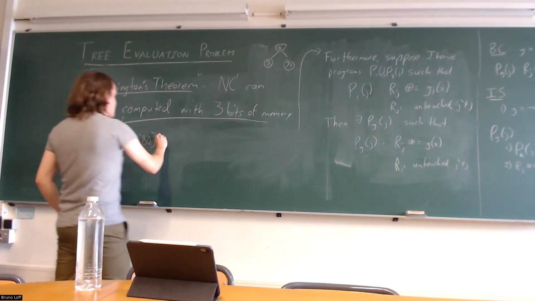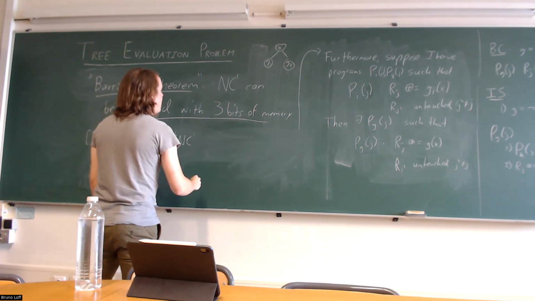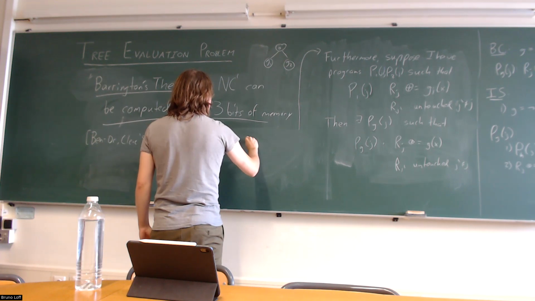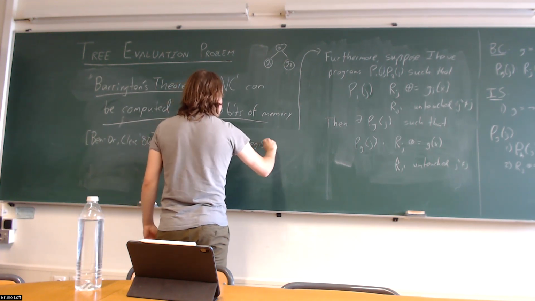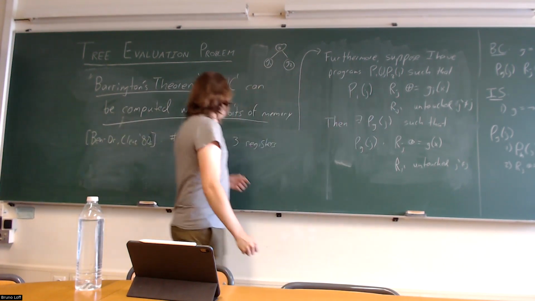So they said the same thing, but they said it about a different model called #NC1. And now instead of 3 bits of memory, it's 3 what they call registers. So registers are exactly these things, and what's #NC1?